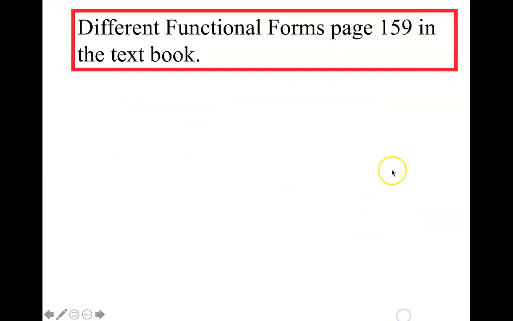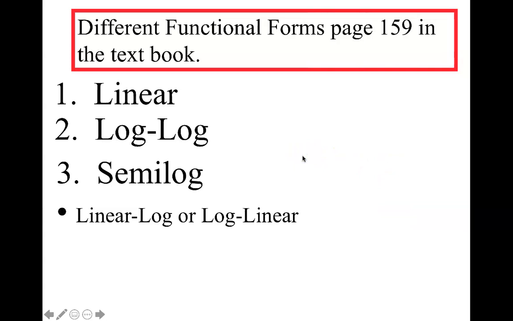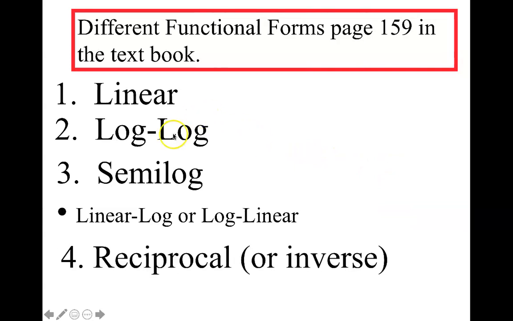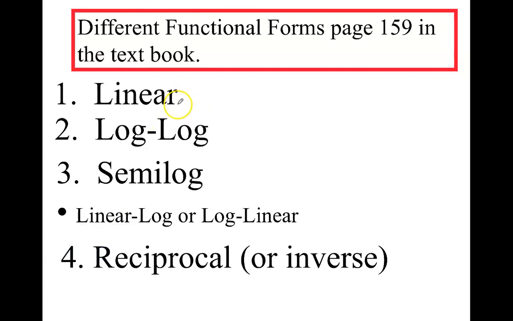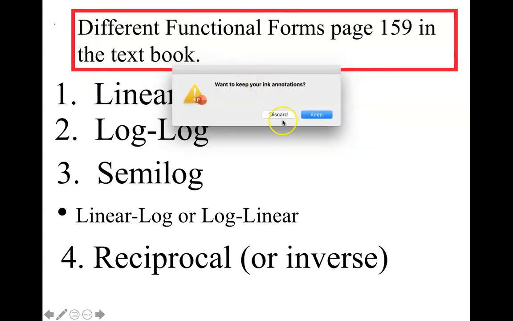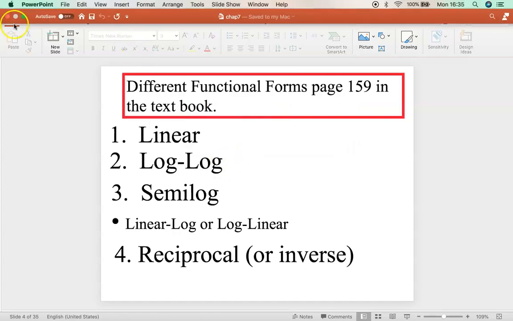So basically, this is what we're going to discuss. We have 5 different models. The first one is called the linear model. We have been doing the linear model for the past few chapters already, right? The focus will be mostly on what we are talking about here.